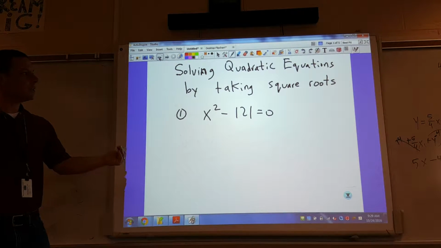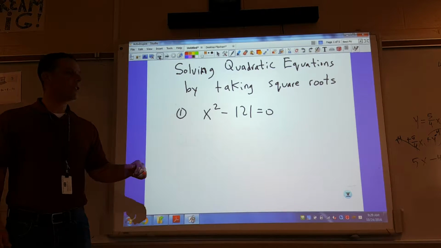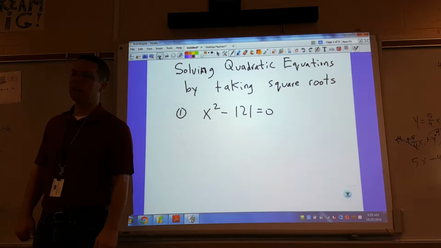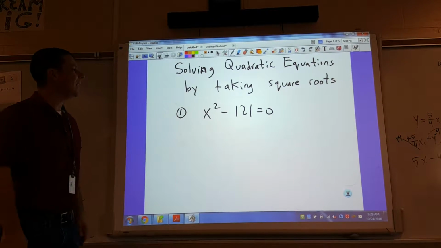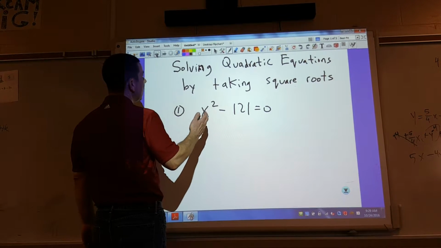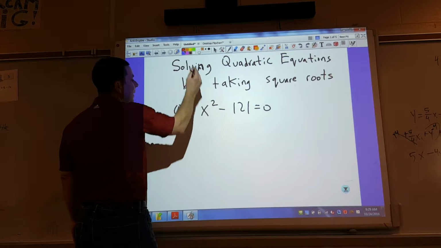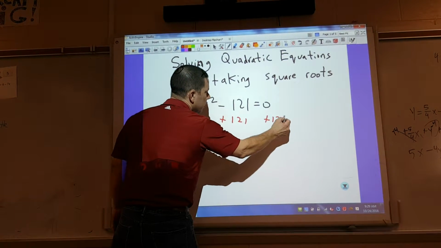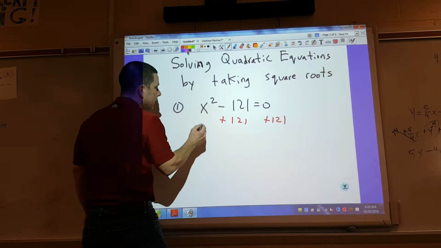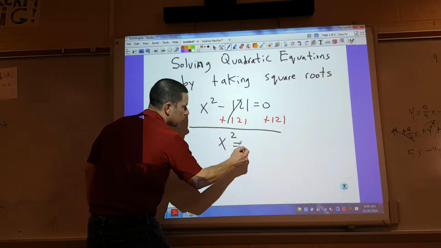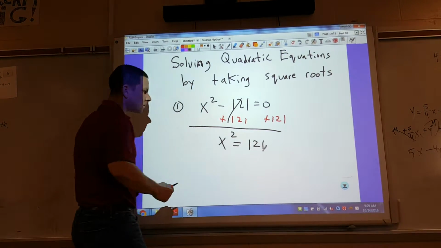When solving quadratics by taking square roots, what we need to do is get the square term isolated on one side of the equation. So, in number one, the first step to do that is to move the negative 121 to the other side. So we would add 121 and add 121, giving us x squared equals 121.